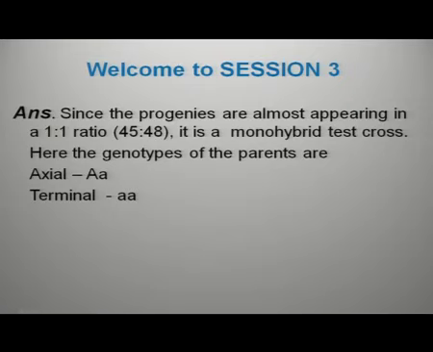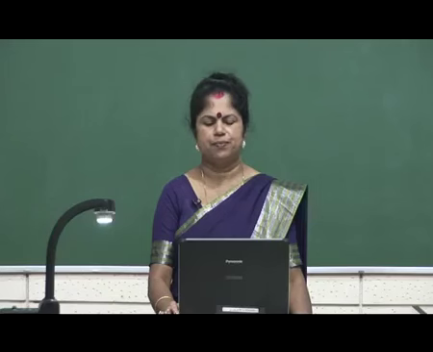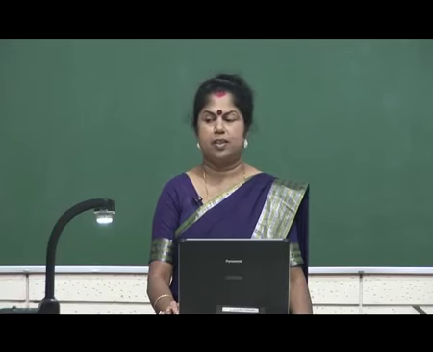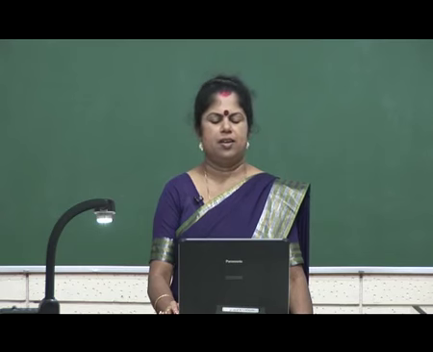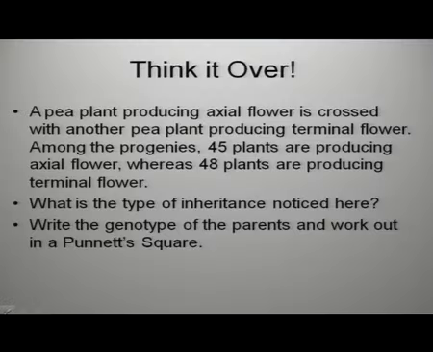I have already given one question to think and answer to you in the previous session. I think you are ready. Now see the question. A pea plant producing axial flower is crossed with another pea plant producing terminal flower.